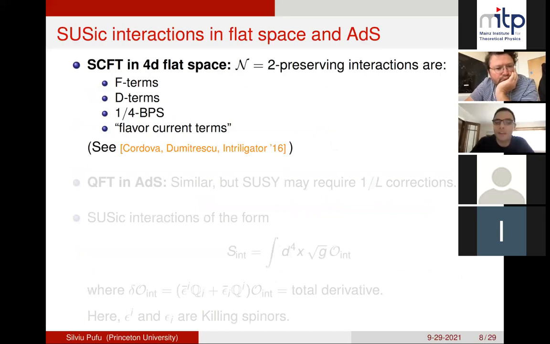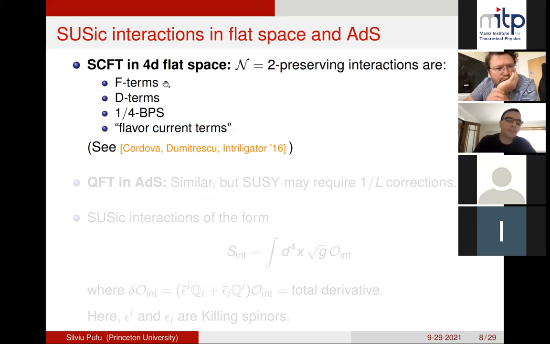I don't know where to find such a list, but what I do know where to find is, if we have a superconformal field theory in flat space, in 4D flat space, then I know where to find a list of interactions that preserve N=2 supersymmetry, and this is the paper by Cordova, Dumitrescu, and Intriligator.